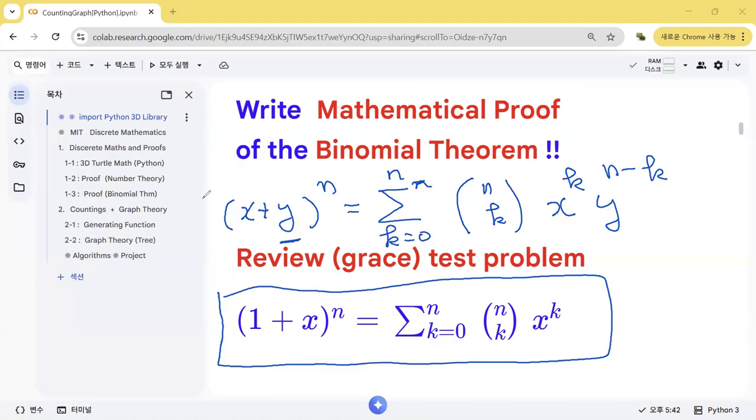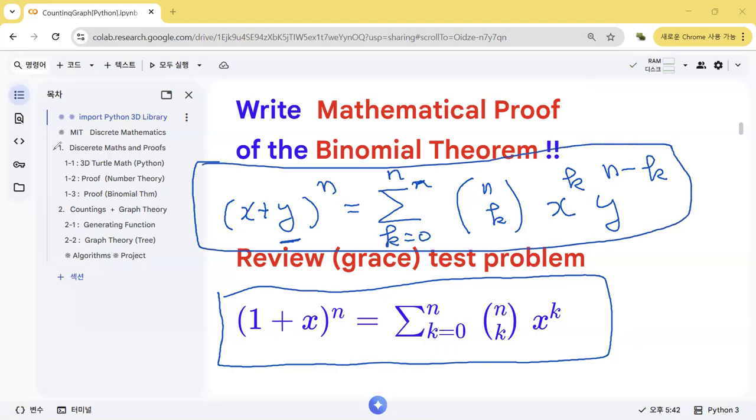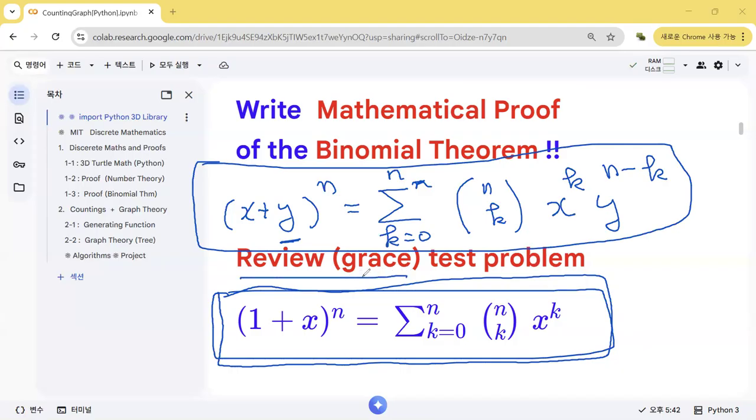So this is a more generalized version. This is a more simple form. For the review Gray's test, this one will be given, but in the final examination, the generalized one will be given.